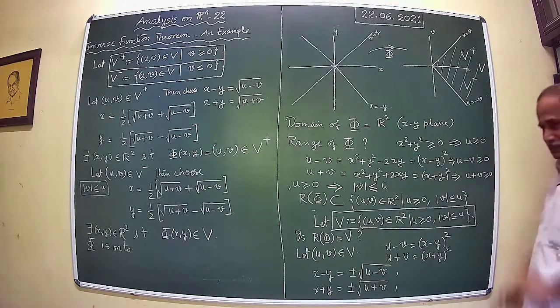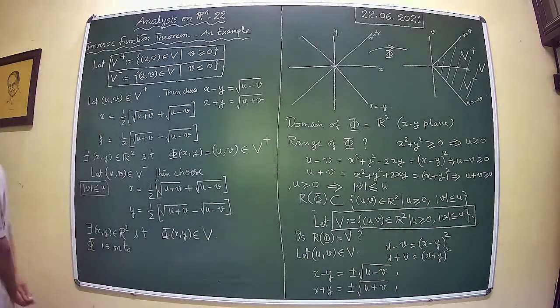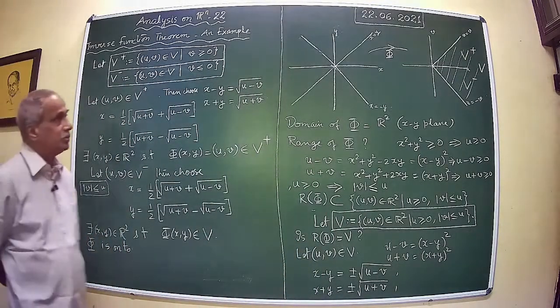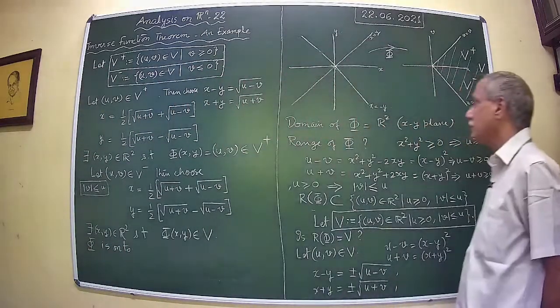What we have shown is that there exists at least a pair (x, y) which gets mapped to the given (u, v) in V plus.